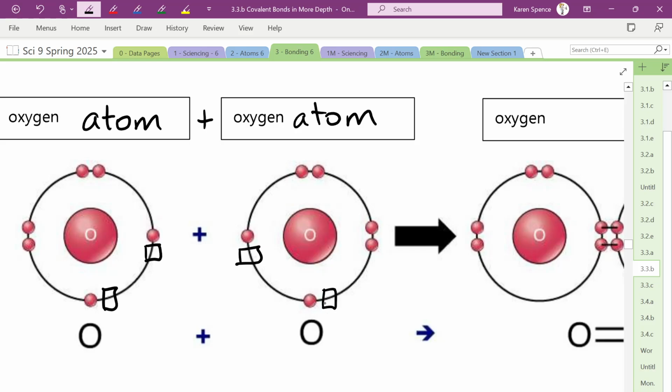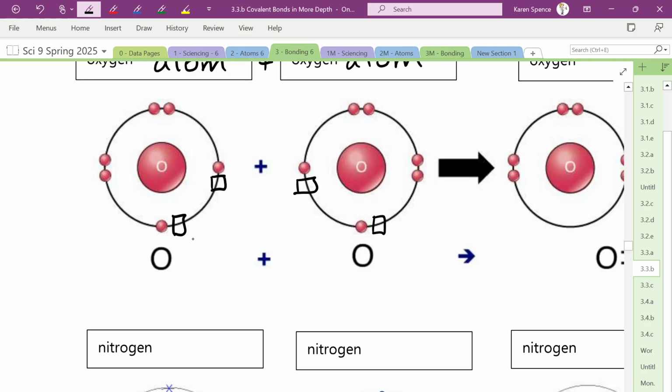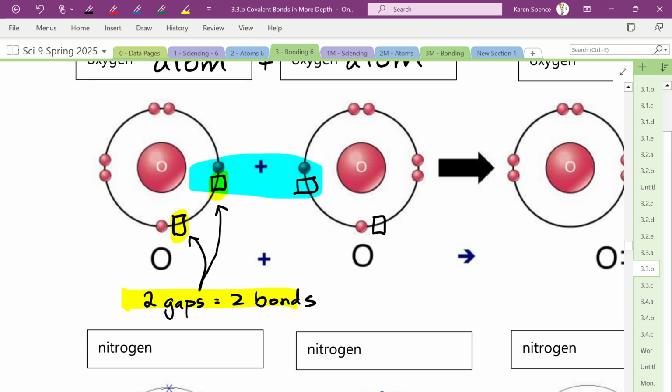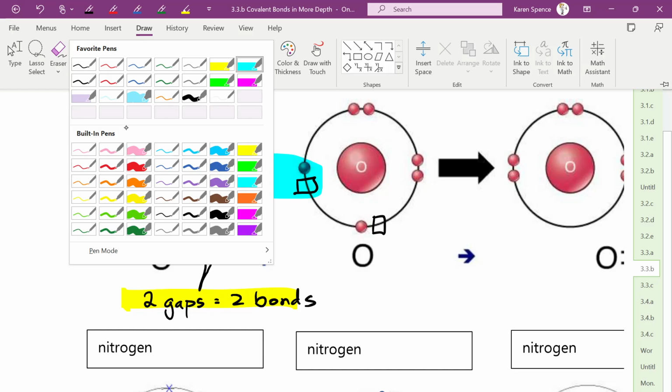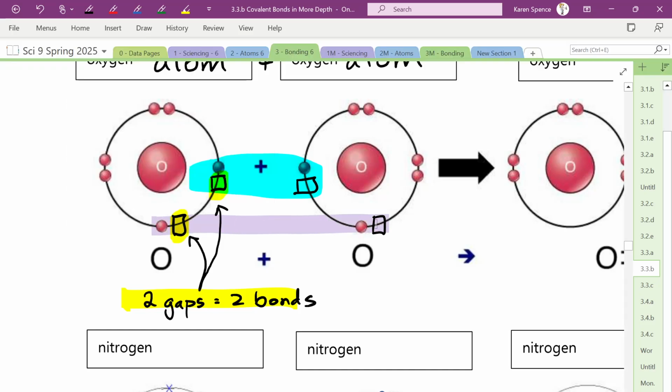And if you have 2 gaps, how many bonds do you form? 2 bonds. Yep. Two gaps, 2 bonds. So what'll happen is we will have these 2 guys getting together here, and then we'll have those 2 guys getting together down there.